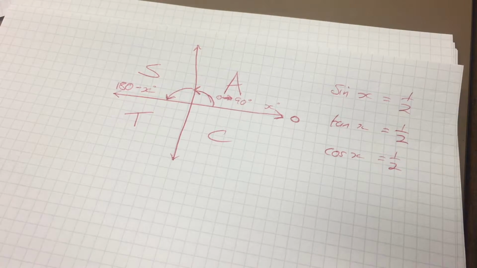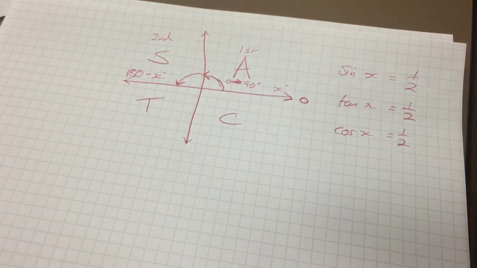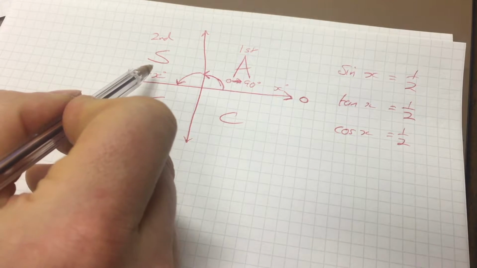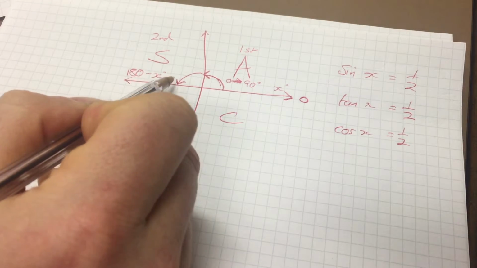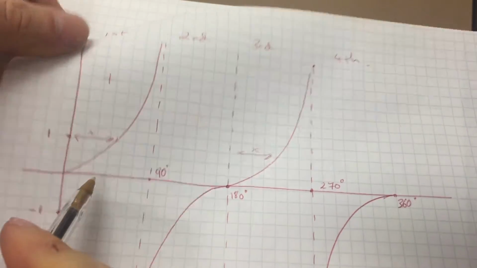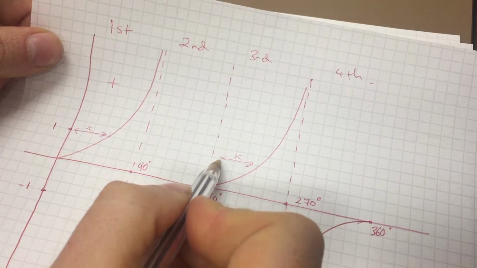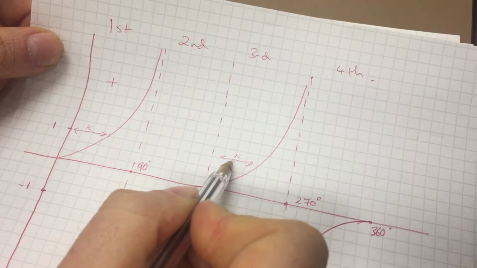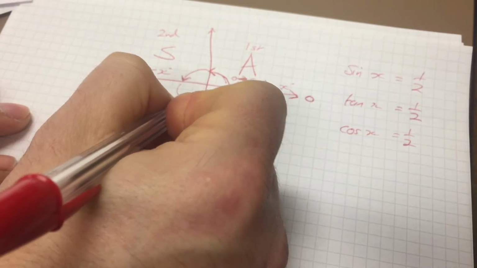That's your first quadrant, and that's your second quadrant. So for every sine graph, the second solution can be found by doing 180 minus x. The second solution for a tan graph is found in the third quadrant between 180 and 270, i.e. in this quadrant here.